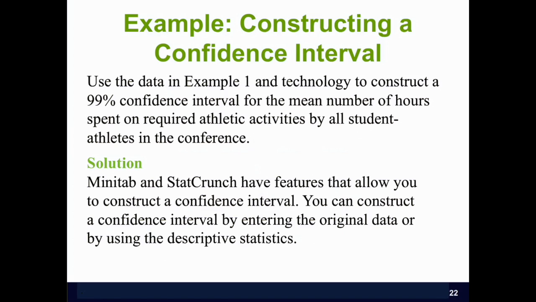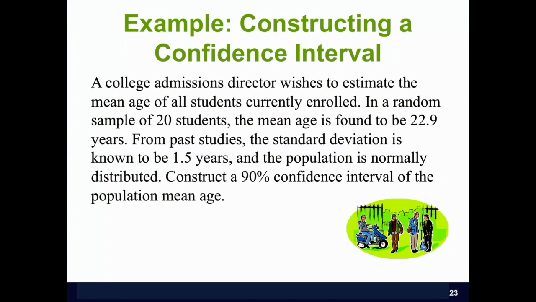Okay, we're going to do another example. Again, I'm going to read through the statement and I'm going to extract all the important information. A college admission director wishes to estimate the mean age of all students currently enrolled. In a random sample of 20 students, so random here is good, 20, red lights, because 20 is not greater than or equal 30.